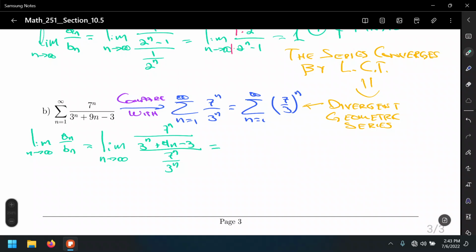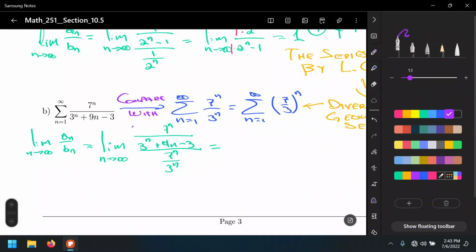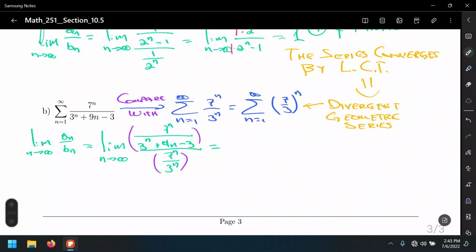Let's talk about this limit. Keep in mind it is divided by 7 to the n over 3 to the n, so all we do is multiply by the reciprocal of the denominator. So the limit as n approaches infinity of 7 to the n over 3 to the n plus 9n minus 3 times 3 to the n over 7 to the n.